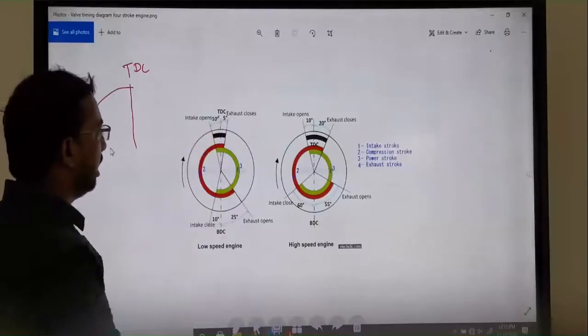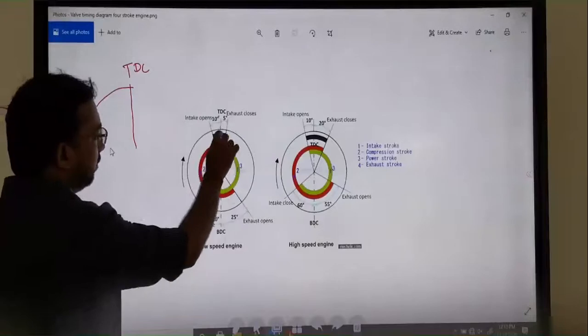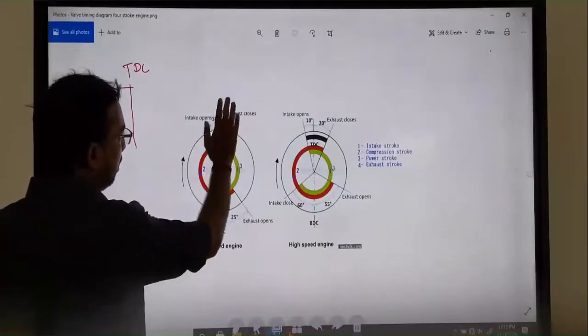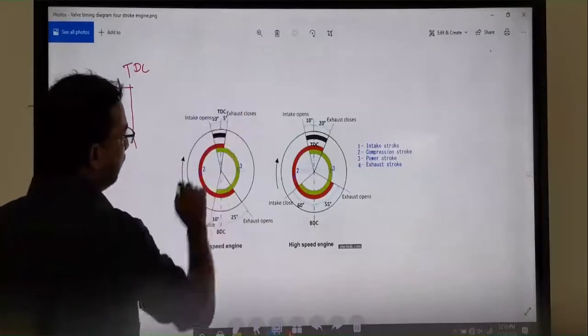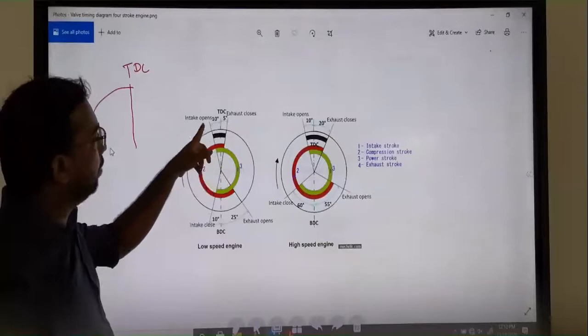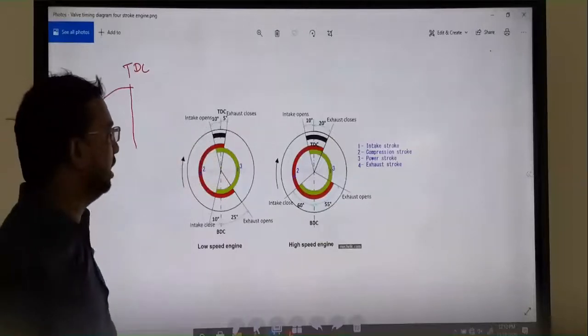That means there are some 360 degrees. The exhaust valve closes 5 degrees after TDC, and the intake valve opens 10 degrees before TDC.